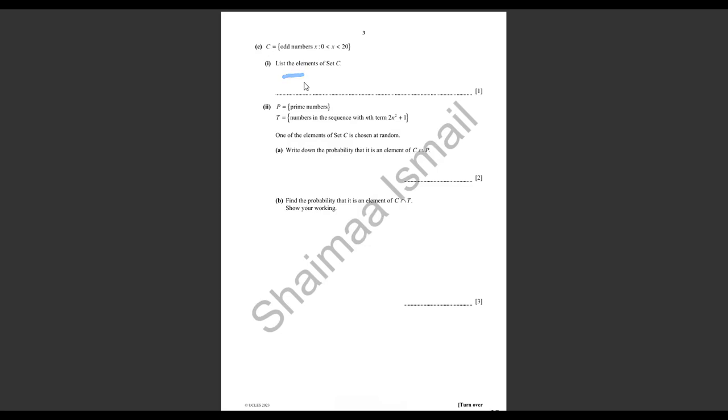When I say odd, so 1, 3, 5, 7, 9, 11, 13, and so on. Okay, so here he asks you to write the probability of the elements here.